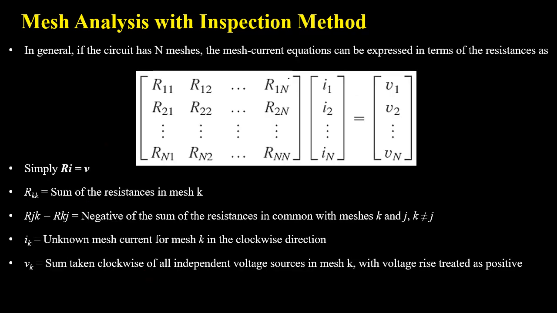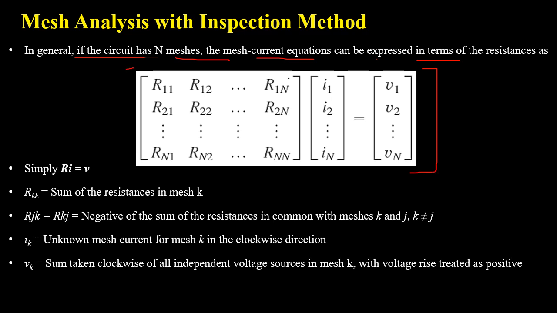Now if we have a circuit with n meshes, first of all we will assign the mesh currents, and we will use the knowledge from the previous example and write the mesh current equation as shown in the matrix form here.